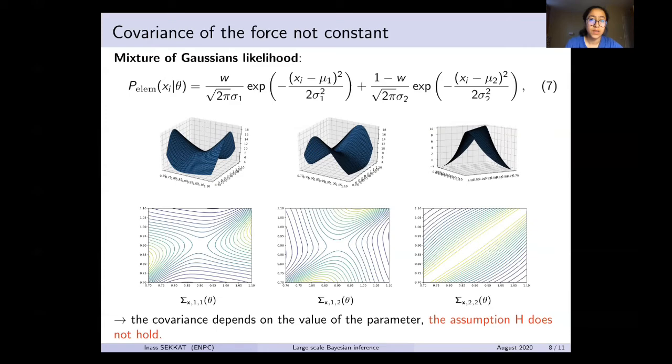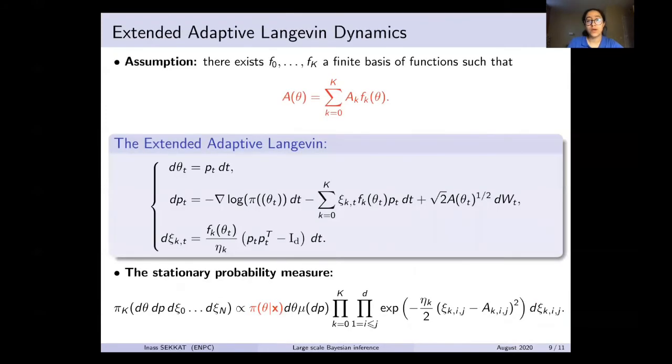So if we use the adaptative Langevin dynamics in this case, we would get bias because the main assumption does not hold. So one way to handle the case when the covariance matrix is not constant is the extended adaptative Langevin dynamics. We start with the main assumption, that A can be decomposed in a finite basis of functions, where AK are matrices D times T. We can get such an expression by truncation of an expansion of A on a complete basis.